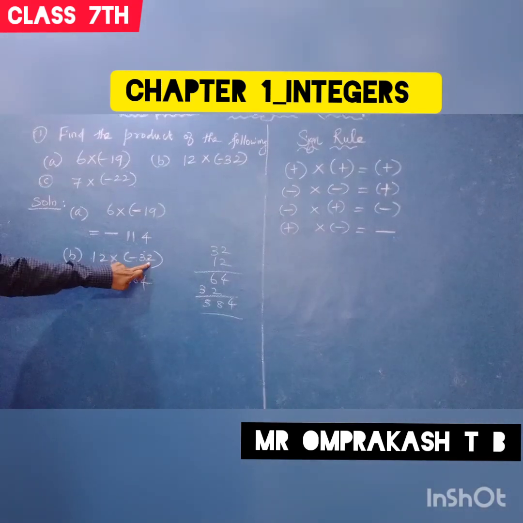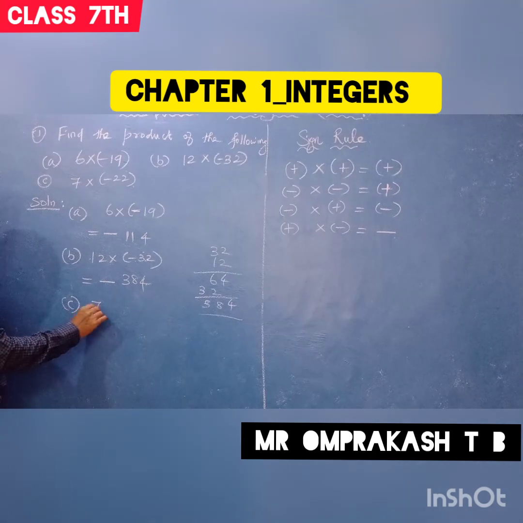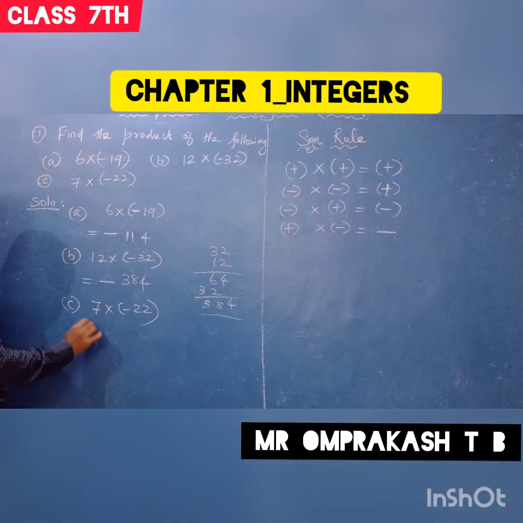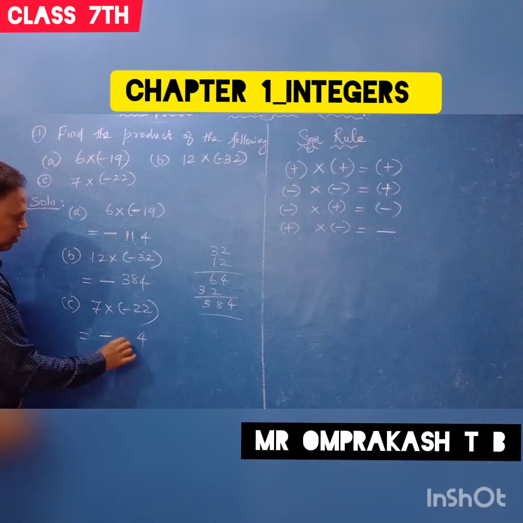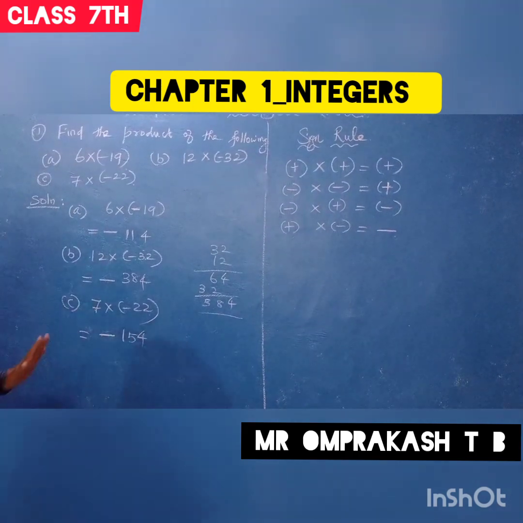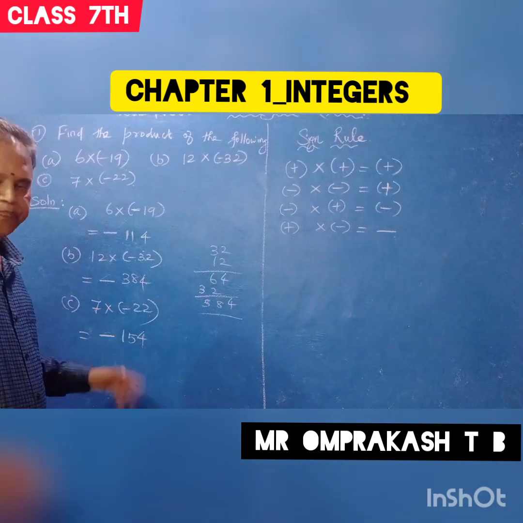Then 12 into 32, how much is it? 384. So first multiply the sign, plus into minus is minus, then 12 into 32 is 384. Third one, 7 into minus 22. In the same way, plus into minus, minus. Then 7 into 22 is 154. First multiply the sign, then multiply the number.